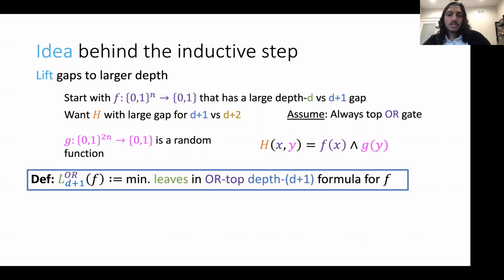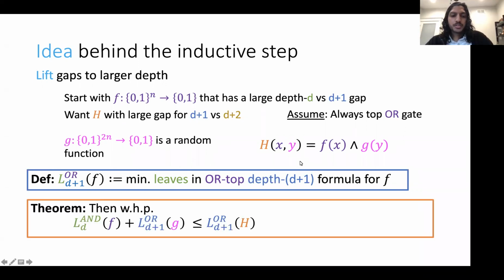In order to make the formal theorem statement, I'm going to introduce some more notation: L OR sub d plus 1 of f is going to be the minimum number of leaves in an OR top depth d plus 1 formula for f. The formal theorem we prove is that with high probability over your choice of g, the d plus 1 complexity of h, and in this theorem statement there are going to be lots of little ANDs and ORs on top.